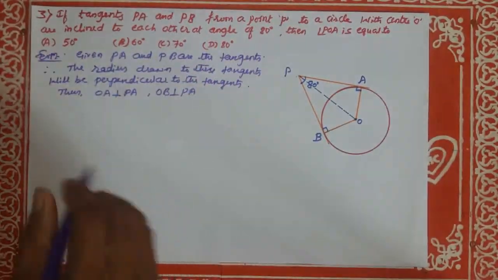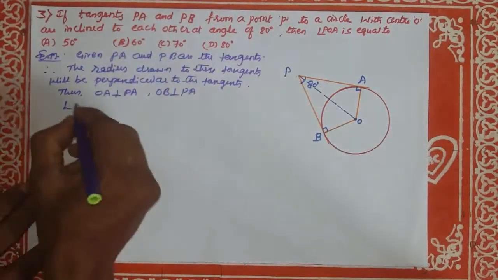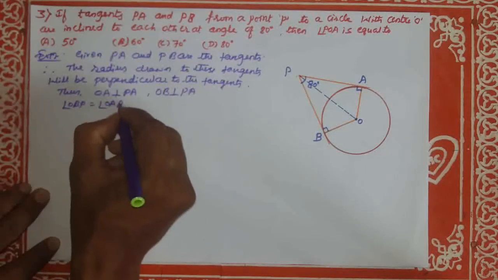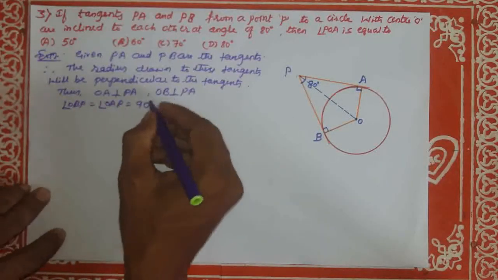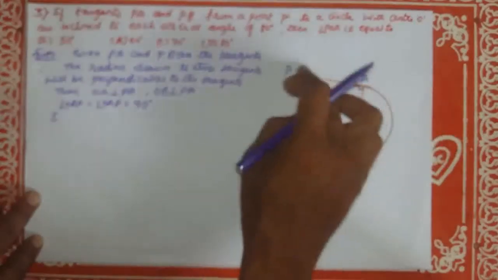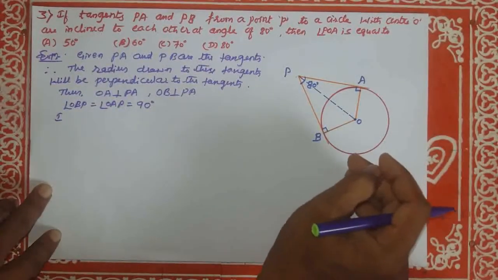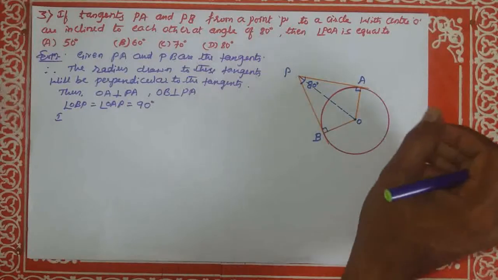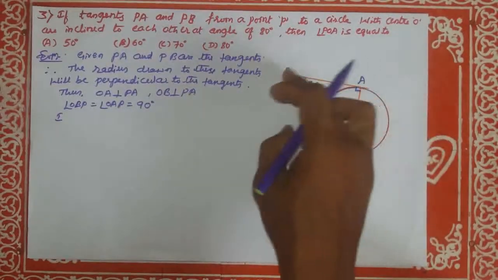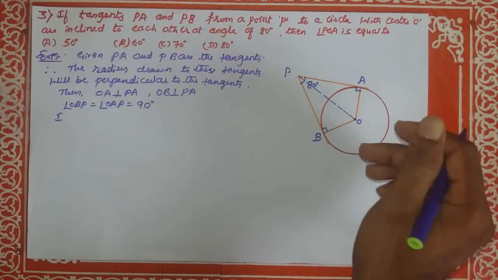Okay, let us continue. Angle OBP is equal to angle OAP, which is equal to 90 degrees. In quadrilateral OAPB, angle OAP is 90 degrees and angle OBP is also 90 degrees, is it?